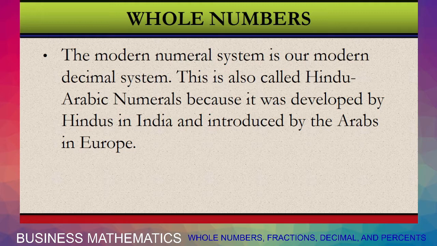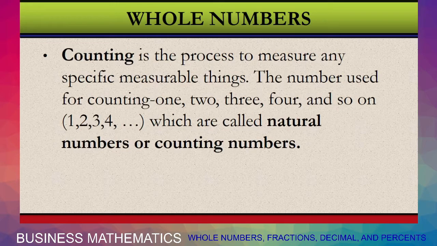So, next. So, counting is the process to measure any measurable things. So, the number used for counting 1, 2, 3, 4, and so on, which are called natural numbers or counting numbers. So, yung mga numbers na ginagamit sa pagbibilang, ang tawag doon niya ay natural numbers or counting numbers. Sir, bakit hindi kasama dito si 0?